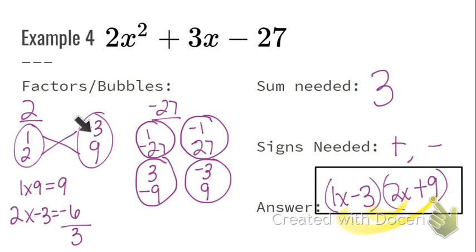The one that worked out for us was negative 3 and positive 9. We needed to multiply 1 times 9, 2 times negative 3. That gave us a sum of 3. So then you can see how we connected in our binomials to make sure the right numbers got matched up.